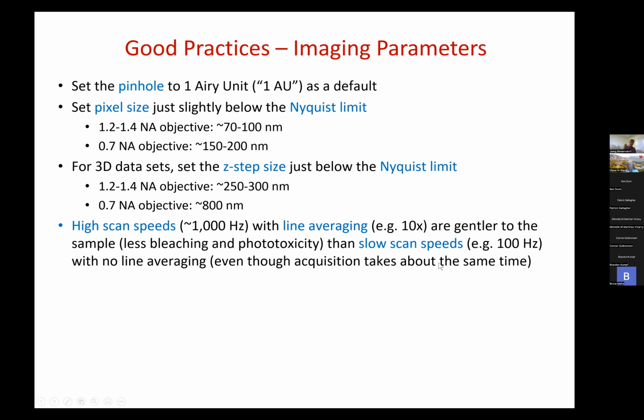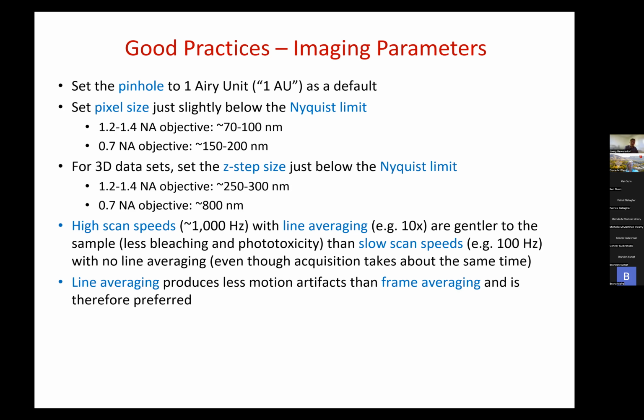But the bleaching and phototoxicity will be a little bit lower if you choose higher scan speeds with line averaging, because the light is distributed over longer time. It's not hitting your sample once for a very long time, but multiple times for short periods.